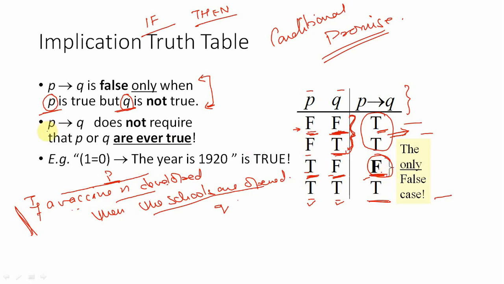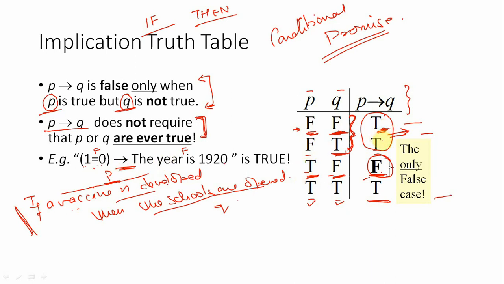That means P implies Q does not require that P or Q are even true. I can even have a statement like this: 1 equals 0 implies that the year is 1920. This is false and this is also false, but the implication, false and false, is still true.